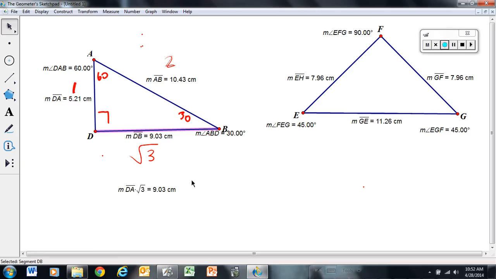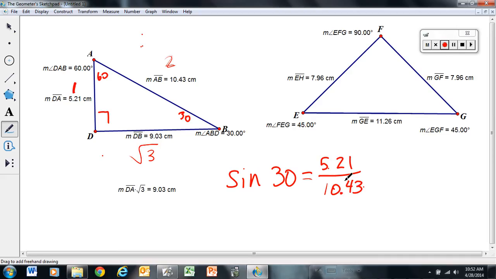So if we look at this triangle, we can deduce that the sine of 30 equals, in this case, 5.21 over 10.43. If you do on the calculator 5.21 divided by 10.43, the sine of 30 is actually 0.5. In other words, 1 over 2.